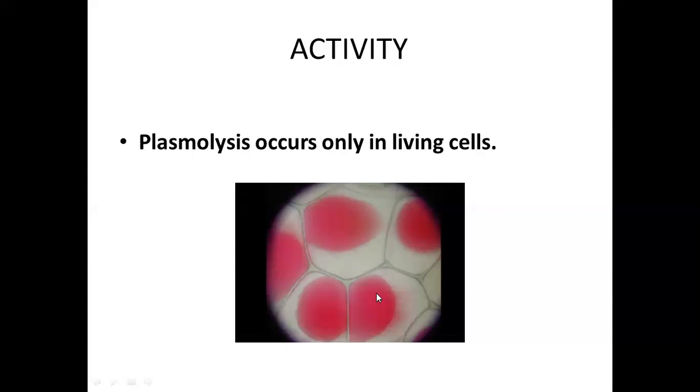Now, the question arises. We have come to know two facts: that plasmolysis is occurring due to movement of water out of the cell, which is where the shrinking of contents is happening, and that plasmolysis occurs only in living cells. Now, can this process be reversed? Yes, it can be reversed. You guessed it right.